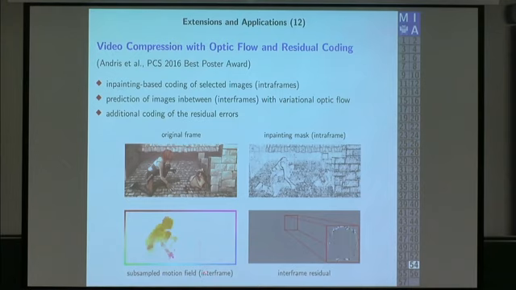With that motion field we can warp the image and try to predict the motion of the frames in between, the so-called interframes. Of course we make an error here, so we have a residual map which we can also encode using homogeneous diffusion, for instance. That means it's a fully inpainting based video codec, the first which tries to do this, and it's certainly one of the biggest challenges for us.